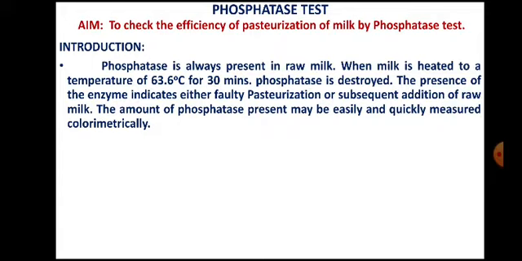Now, whenever pasteurization is done, the milk is exposed to a high temperature, that is 63.6 degrees Celsius for 30 minutes, and at this temperature this enzyme is destroyed. Now, if milk is properly exposed to this temperature, the phosphatase enzyme will be destroyed. So destruction of this enzyme indicates that the milk is properly pasteurized.